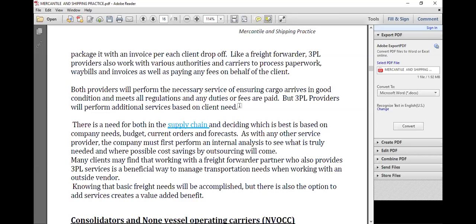See that? So many clients may find that working with a freight forwarder partner who also provides third-party logistics services is a beneficial way to manage transportation needs when working with an outside vendor. So knowing that the basic freight needs will be accomplished, there is also the option to add services, a value-added benefit.